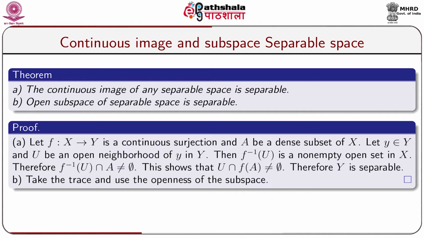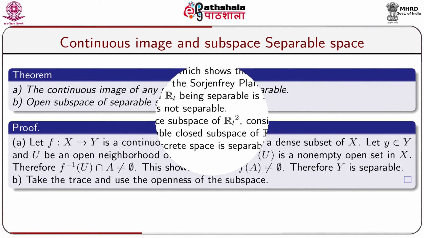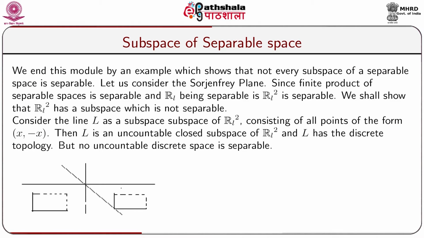The following theorem can be proved easily. The continuous image of any separable space is separable. An open subspace of a separable space is separable. We are omitting the proof because it is very easy.